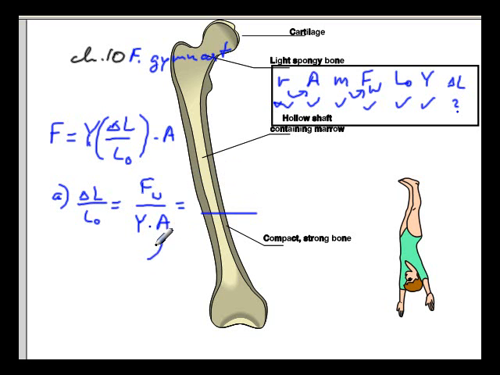So the area can be calculated as A equals pi times the outer radius squared, minus pi times the inner radius squared. The inner part is the hollow part being subtracted, so that really it's just the bone that comes out for the area, and that's what we have to plug in, and then everything else is given. Of course, it comes out to a very small number.